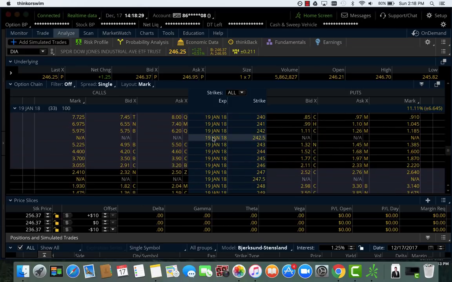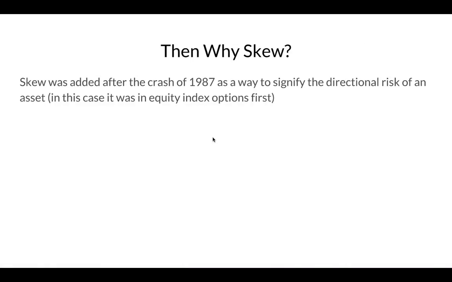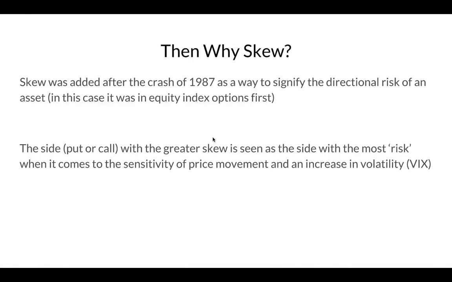So what happened is the price of puts, for the most part, rose because of the downside risk. Risk is always kind of perceived as being on the downside, right? So again, the side, put or call, with the greatest skew is seen as the side with the most risk when it comes to the sensitivity of price movement and the increase in volatility.